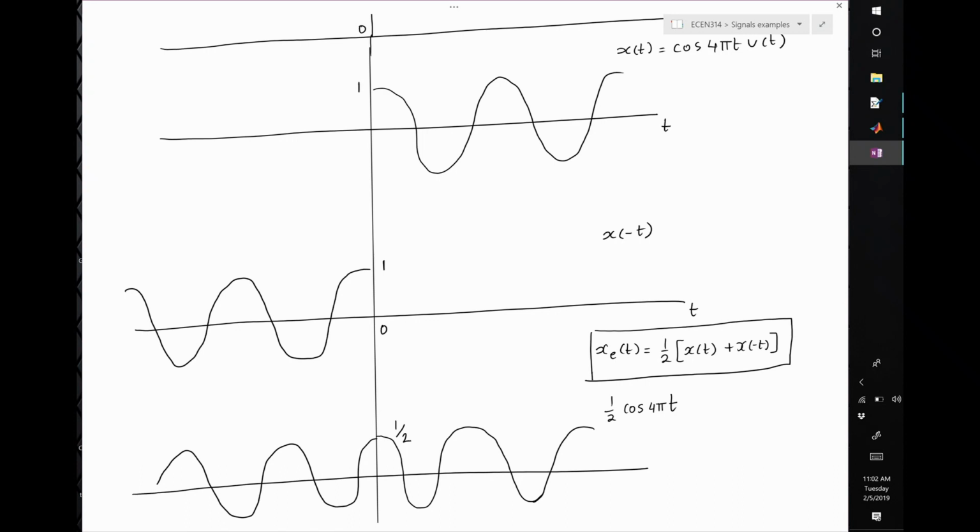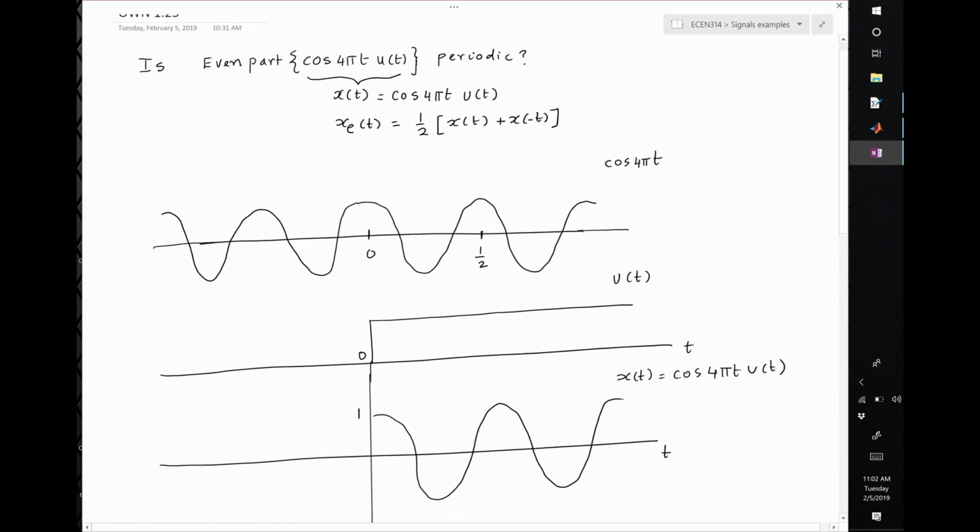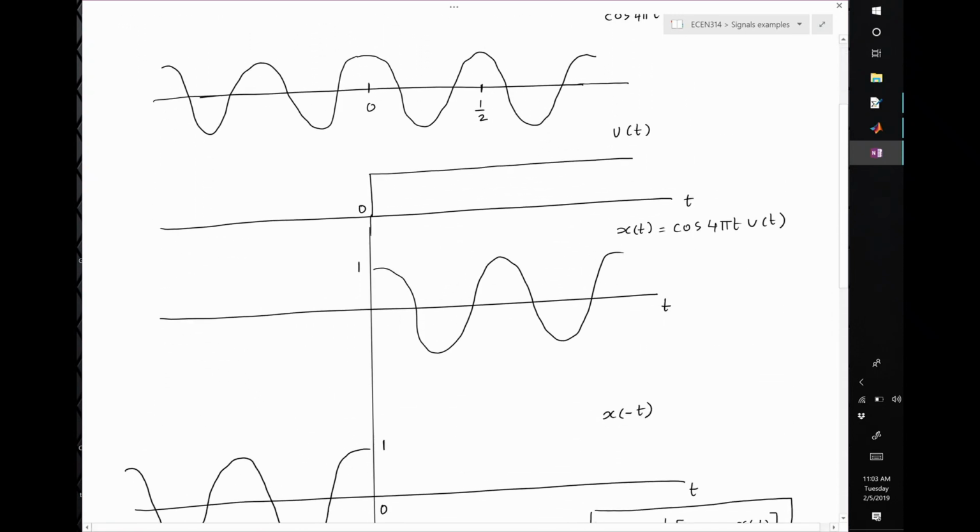And that's because cosine 4 pi t itself is an even signal. So when I take this part and flip it about the y-axis, I'm going to get something which is exactly the same as what you had in cosine 4 pi t. You can see that here.